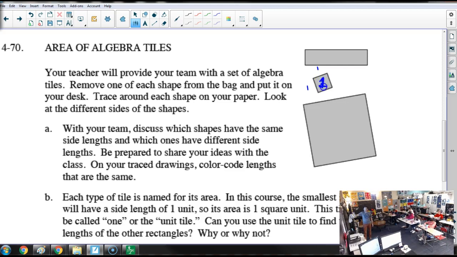What is the most common variable we use? X. So that's where we start. We are going to name this tile X. Now, why that tile is X is because this dimension is 1, and we don't know what that dimension is.